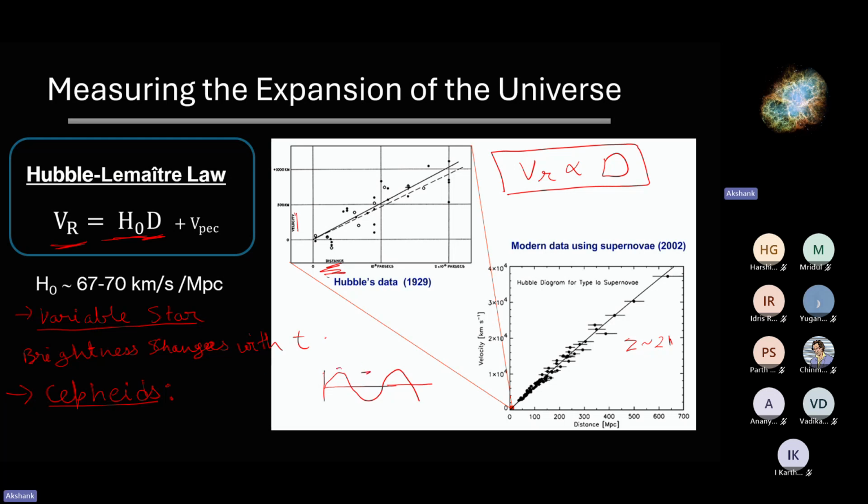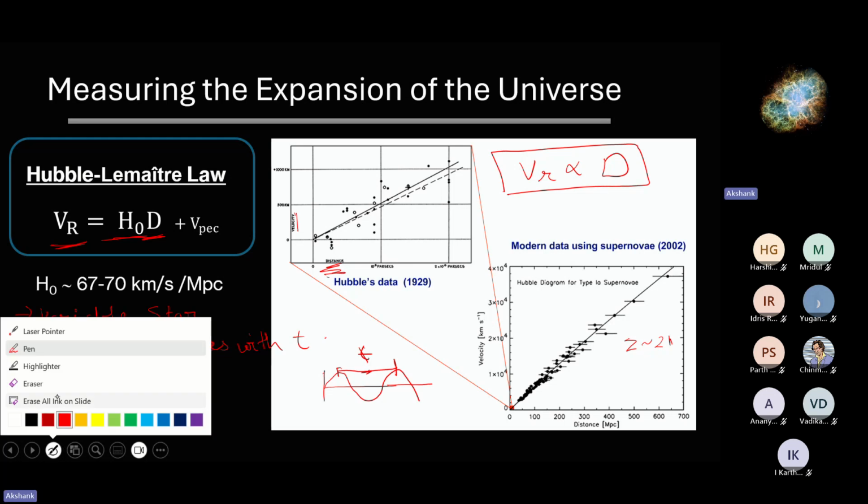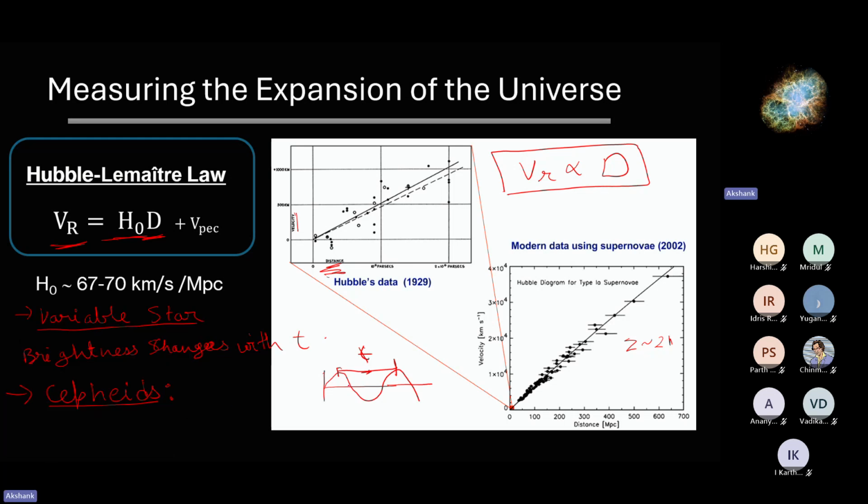And so you are able to measure the time period between these two peaks. This is known as the time period, and it is directly proportional to the luminosity, or how bright the Cepheid should be.